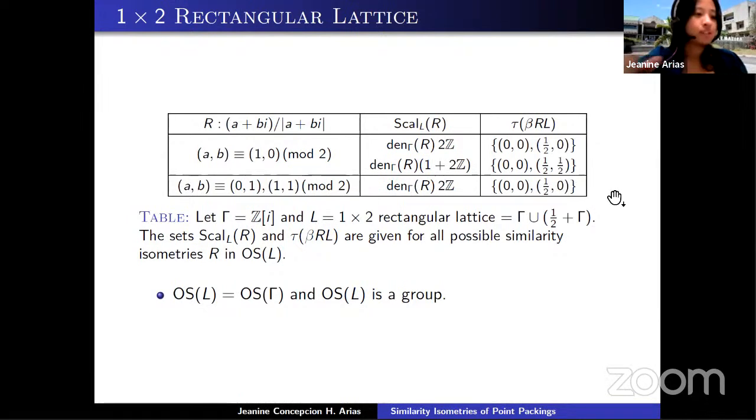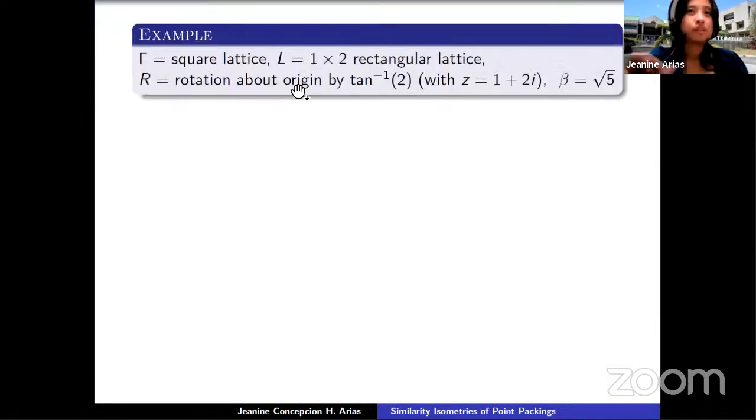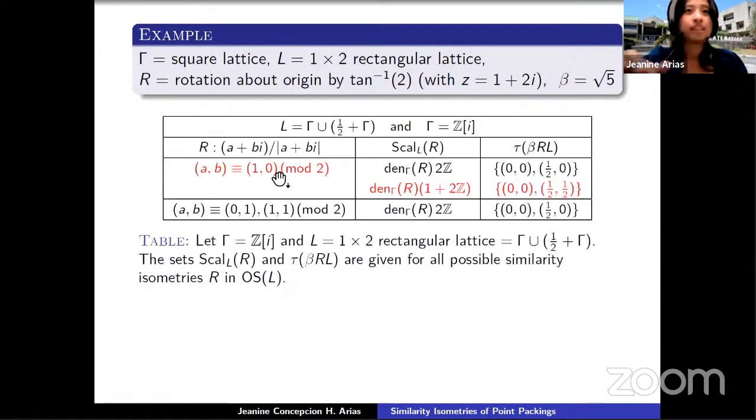So for example, consider the rotation r about the origin by tan inverse 2. This rotation corresponds to multiplication by the complex number 1 plus 2i over its modulus, which according to the table is classified under this row because you have 1 mod 2 and 0 mod 2 for your a plus bi.